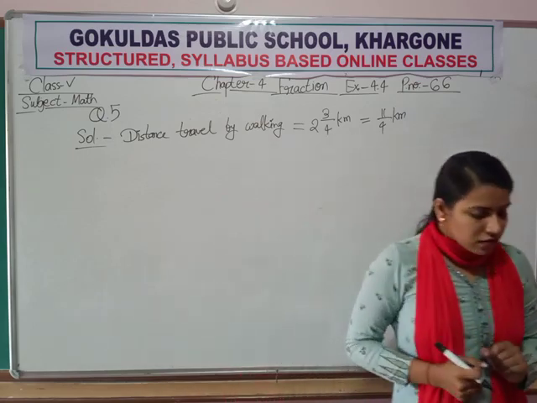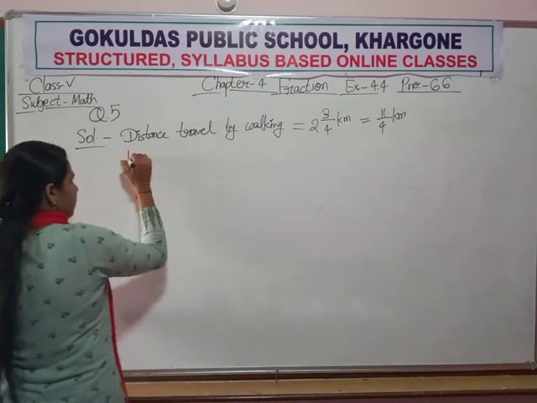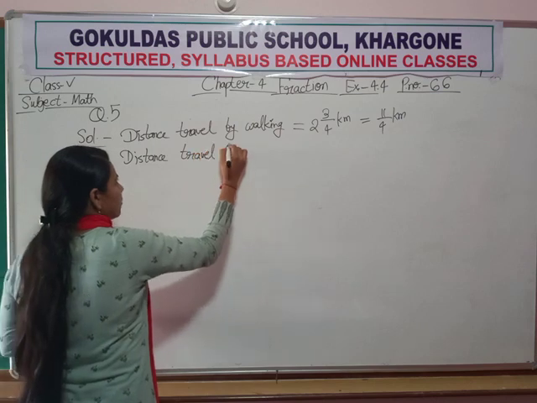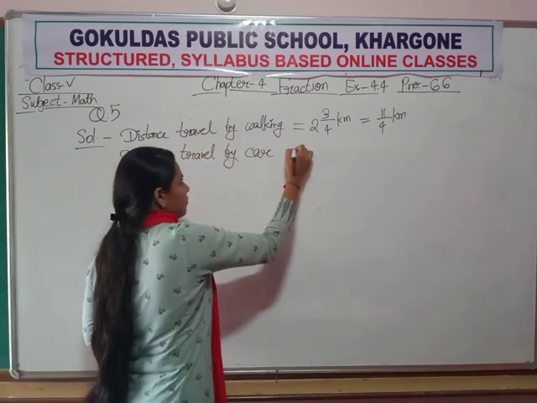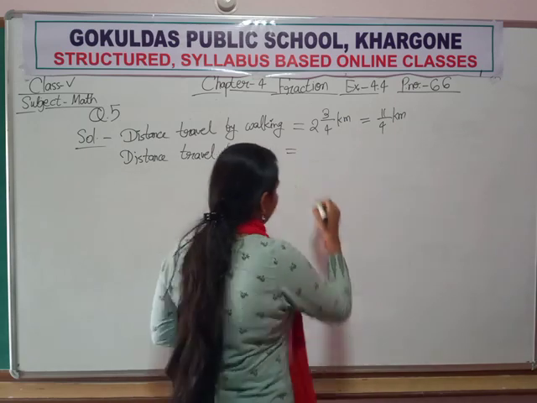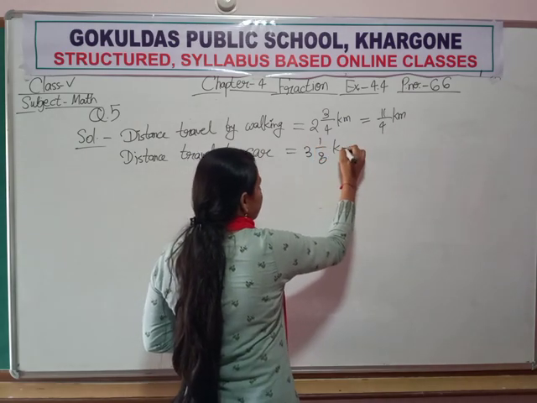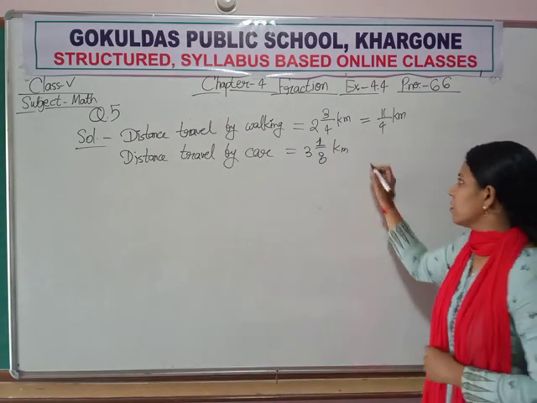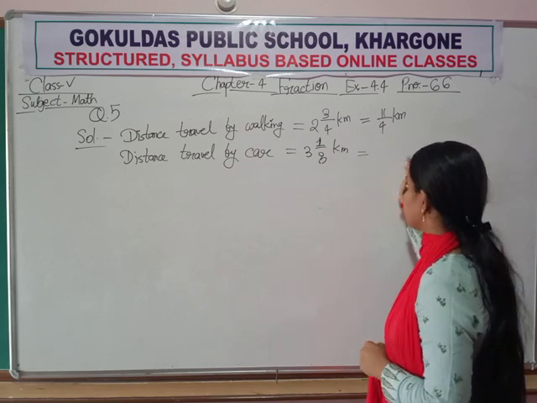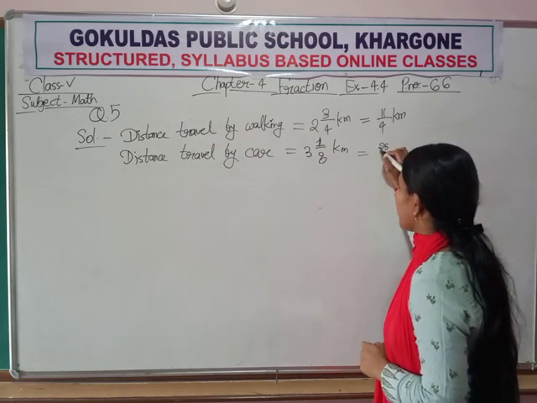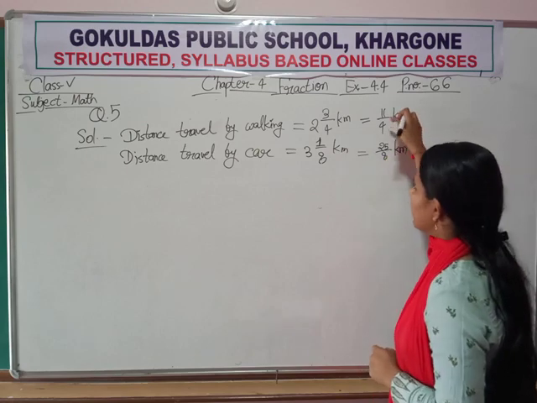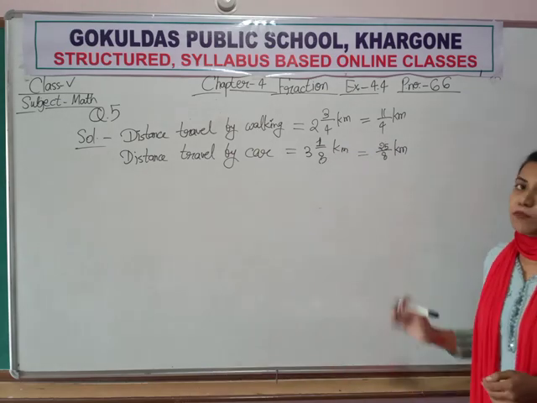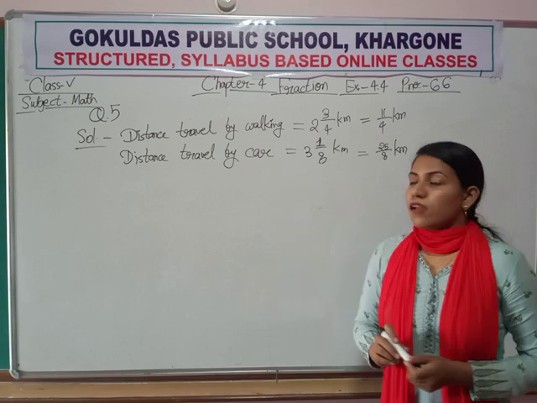And distance traveled or covered by car is 3 1/8 kilometer. 3 1/8 kilometer she covered by car. If I convert this mixed fraction into an improper fraction, my result is 25/8 kilometer. 11/4 kilometer she covered by walking, and 25/8 kilometer she covered by car.